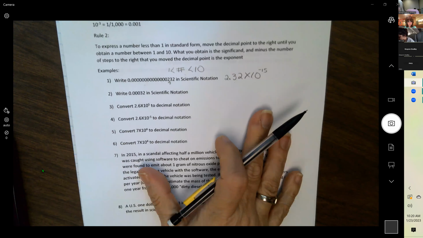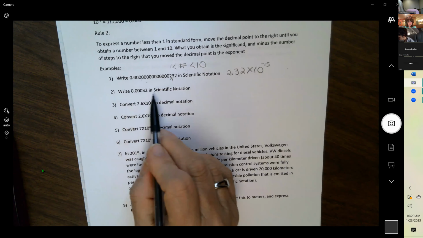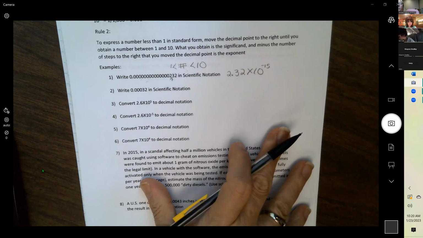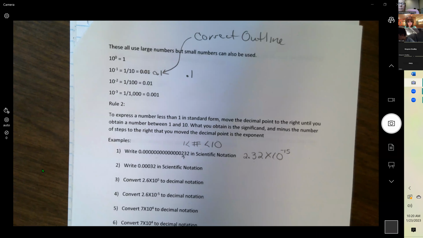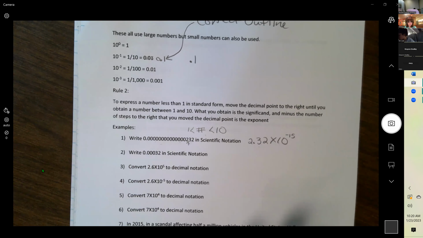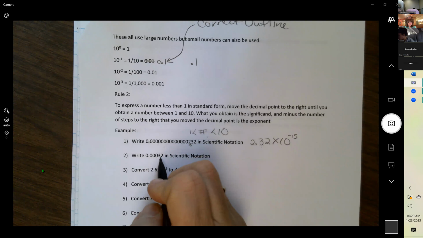Let's try the next one. So first decide where your decimal needs to be. And that would be between the 3 and the 2.